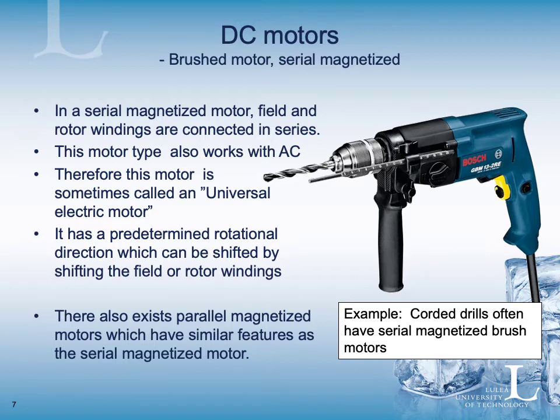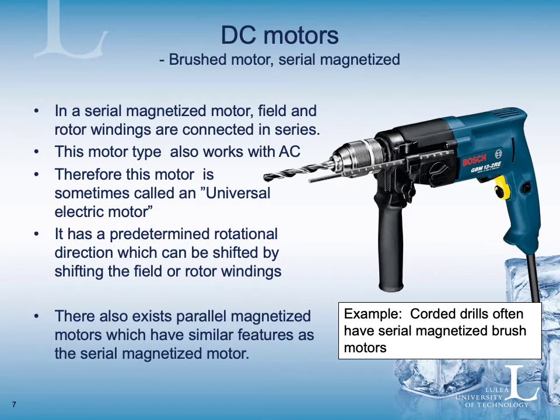So the build-up of this DC motor is like a normal DC motor, but it could also work with AC, and often it is actually used as an AC motor.